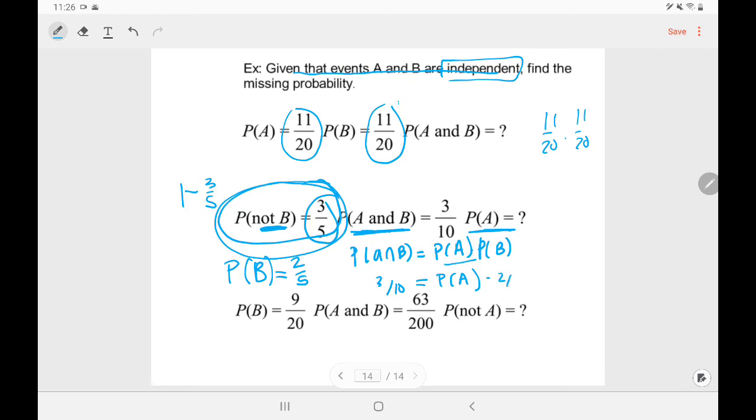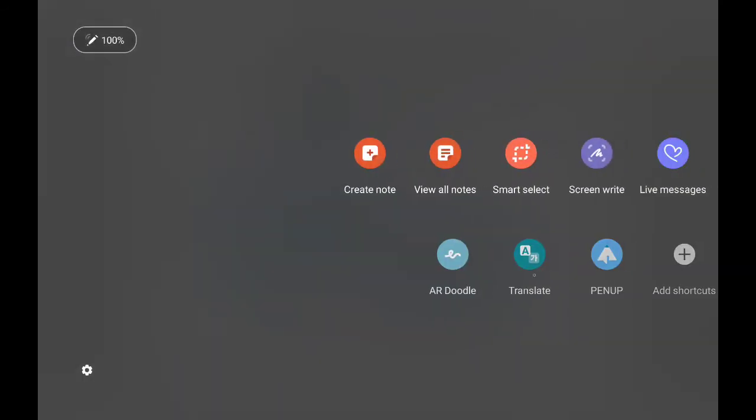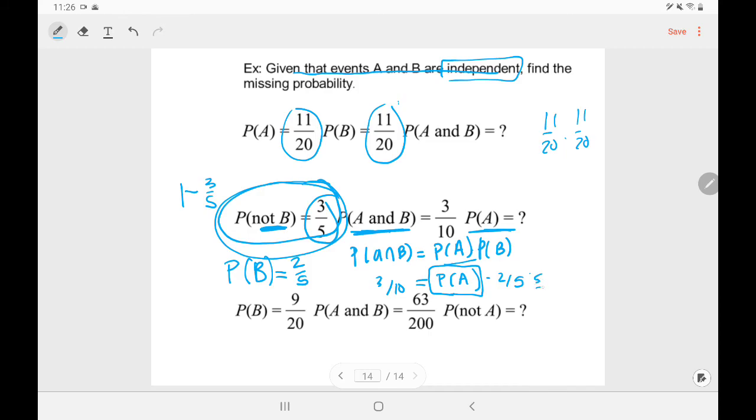To get the probability of A by itself, I'm going to multiply by the reciprocal, 5/2, and that gives a grand total of 3/4. The probability of A is 3/4.